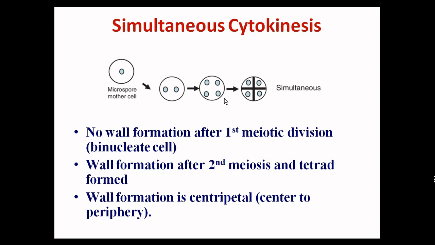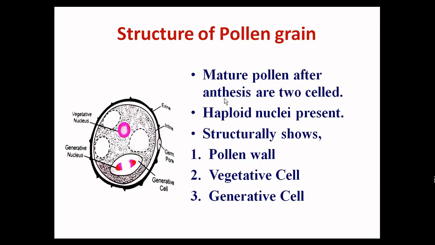Now let us see the next part of this unit, that is the structure of the pollen grain. The pollen grains are the male gametophytes carrying the male gametes in them.